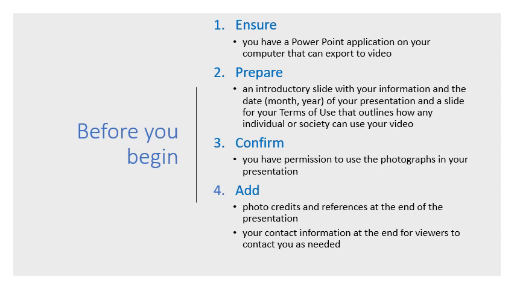You may want to include a terms of use slide as well. Please confirm that you have permission to use the photographs in your presentation, and add those photo credits and references at the end of the presentation and your contact information just in case somebody needs to get in touch with you.